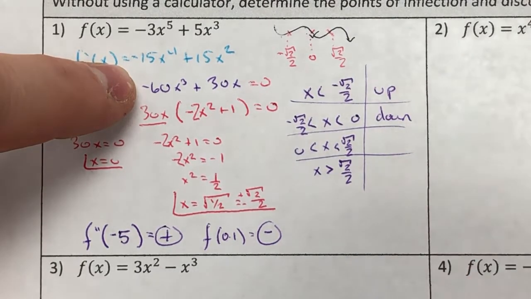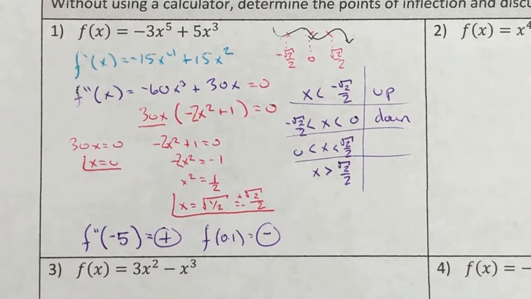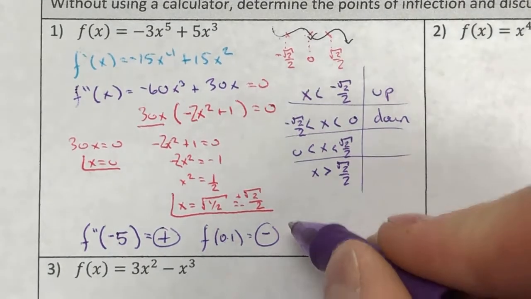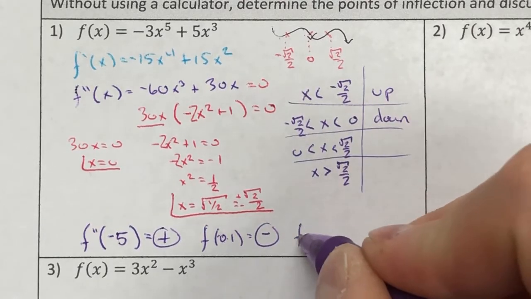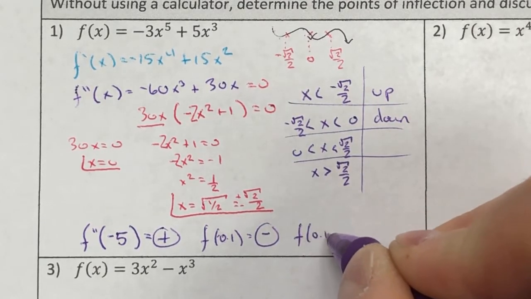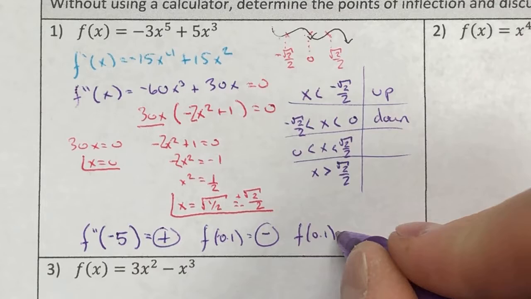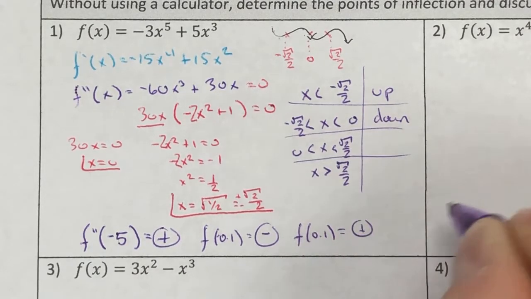And then as I keep moving through, careful here, that's a negative 0.1 because my next one is I would plug in an f of 0.1 on the other side of 0. And if I plug that in, I will get a positive number.